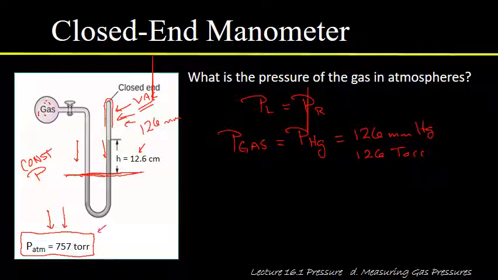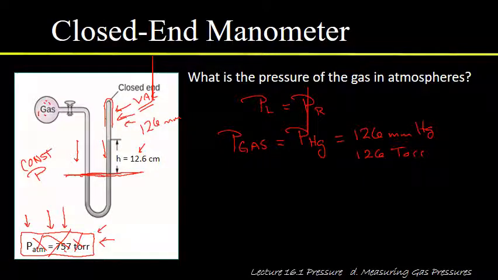It's a little bit devious, a little bit mean, but you will see that in textbooks, because one of the things I'll be testing is to make sure that you understand the difference between an open-end manometer and a closed-end manometer. So usually we'll give you atmospheric pressure in both cases, and you need to know that when it's a closed-end manometer, you can just ignore that value. You don't need to include it in your calculation.